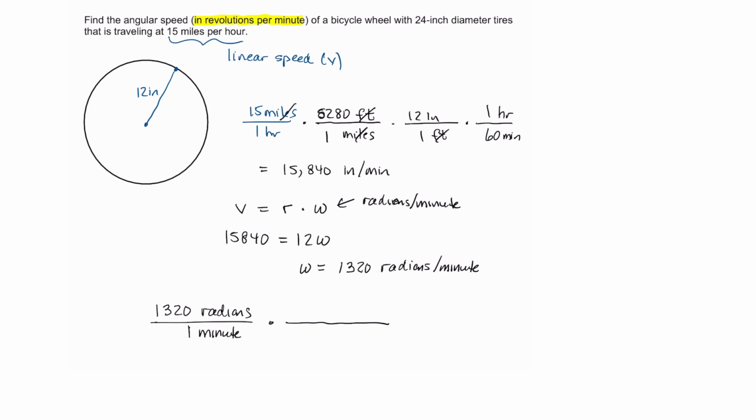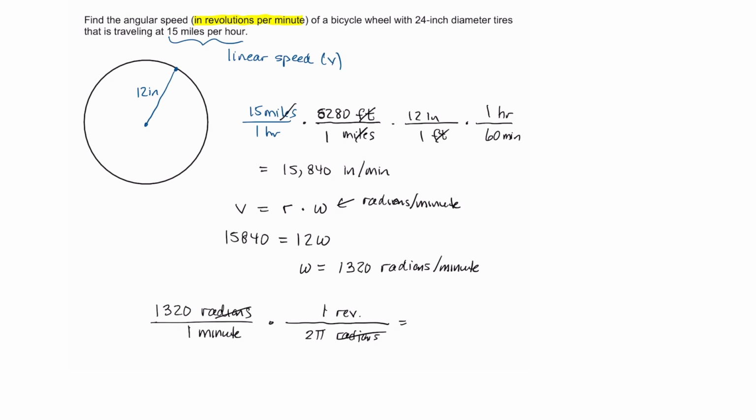We know that each revolution has 2 pi radians. So that means radians go in the denominator, and radians goes away. We end up dividing 1320 by 2 pi to get the number of revolutions per minute.